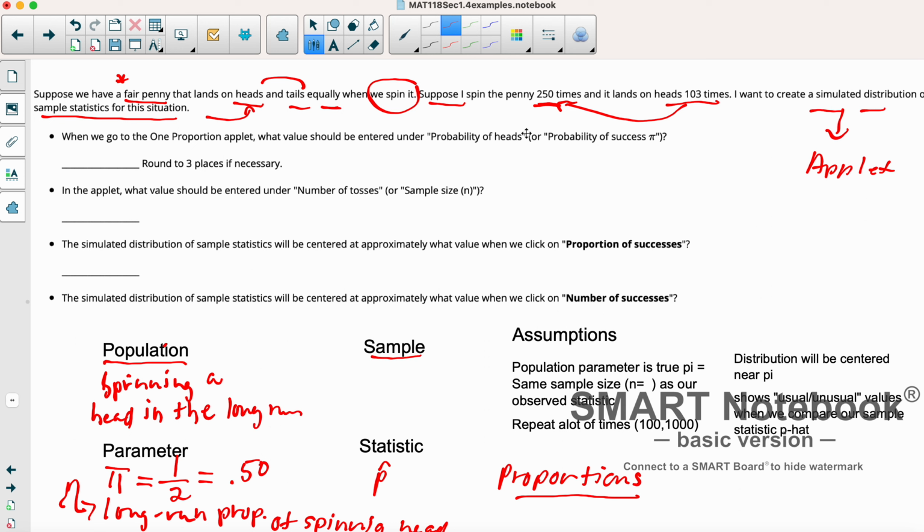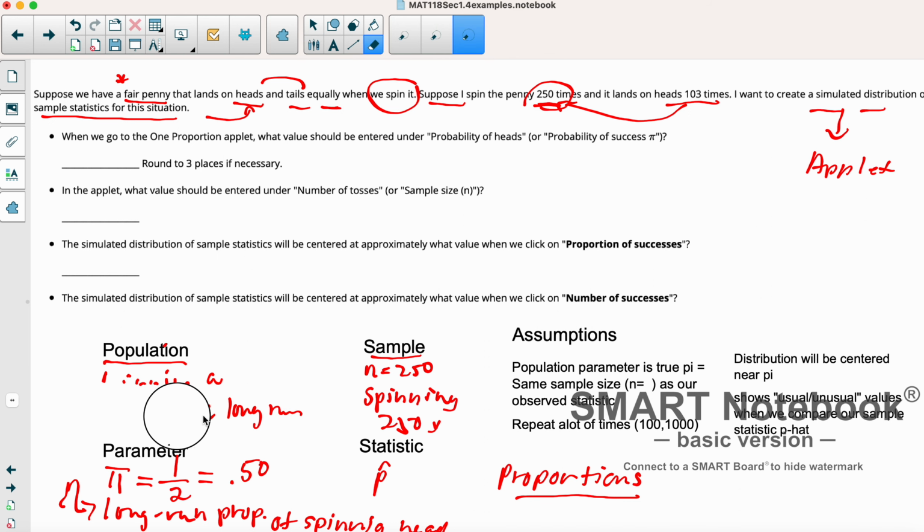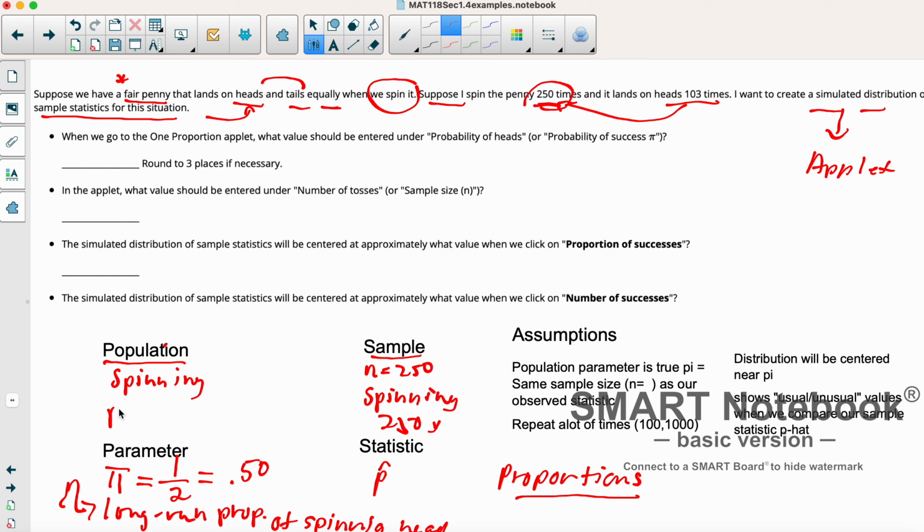My sample is here: I spun the penny 250 times, so n equals 250. Actually, let me modify this. This is not spinning a head. This is just spinning a penny infinitely in the long run.